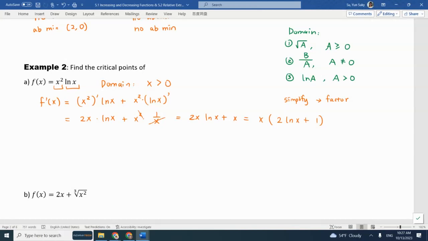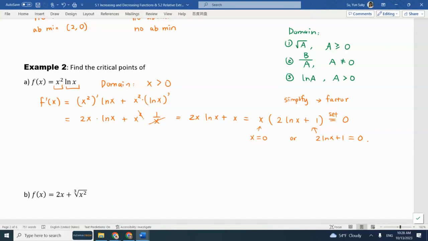To find critical points, you have the derivative, and the derivative is either 0 or does not exist. So if you see a bunch of factors and you set this equal to 0, that means your first factor is 0 or your second factor is 0.